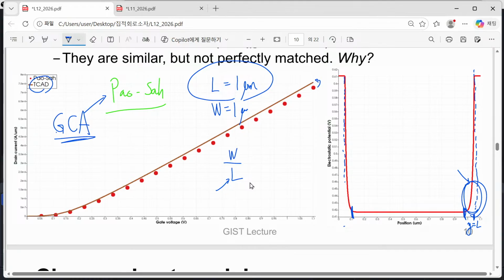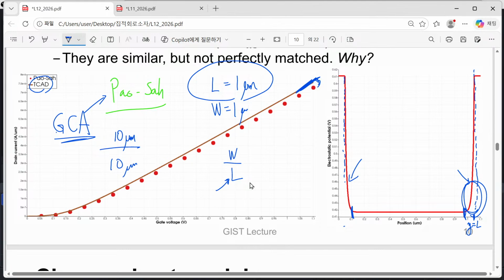So simply speaking, although we have drawn our gate as 1 micrometer long, internally this transistor has a slightly shorter channel. So L is slightly shorter than 1 micrometer, and that is increasing our drain current observed in this case. Of course, instead of this 1 micro example, if I go to a 10 micro by 10 micro example, this dead zone will be the same.